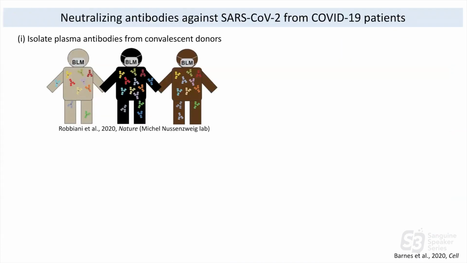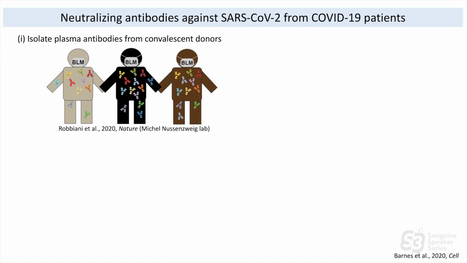Okay, so here's what we started doing in collaboration with Michel Nussenzweig's lab. We started in February, and that was when Michel's lab got donors who had been diagnosed with COVID-19, and they isolated plasma.